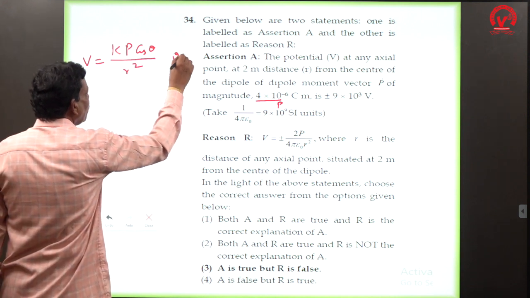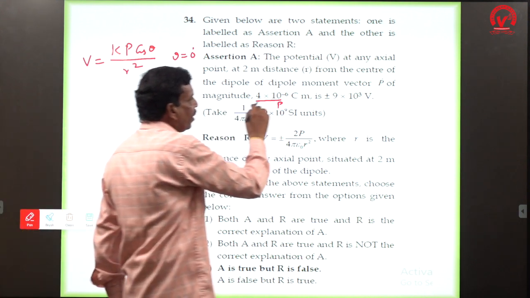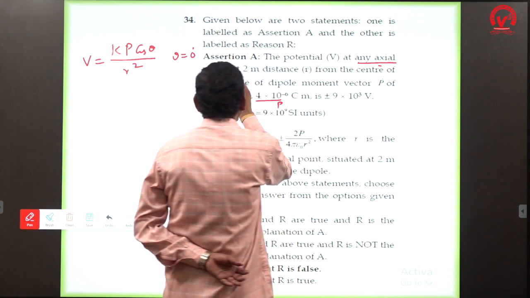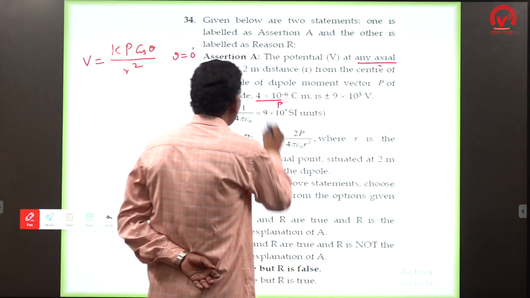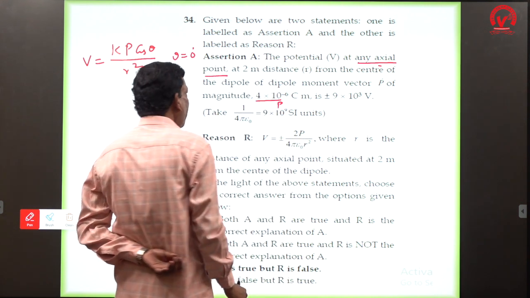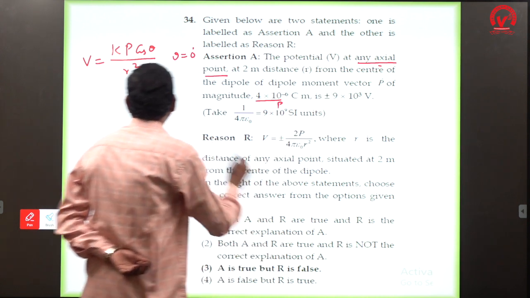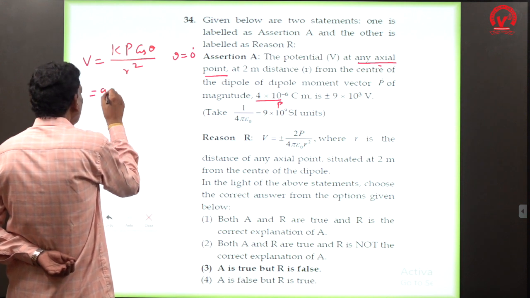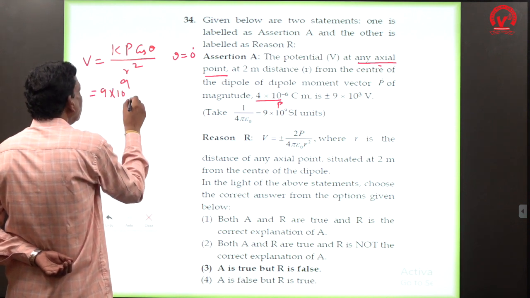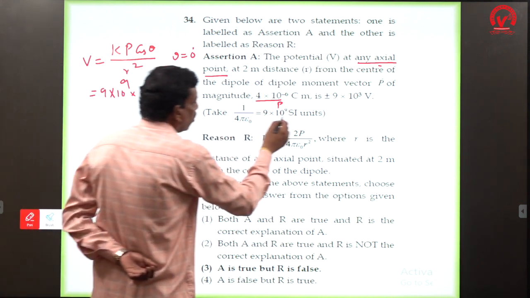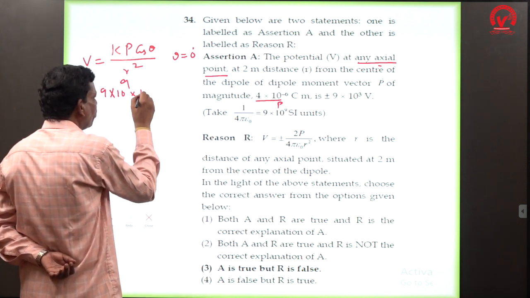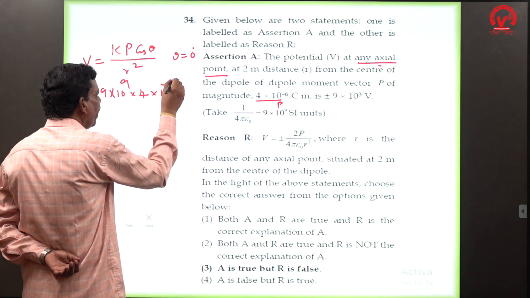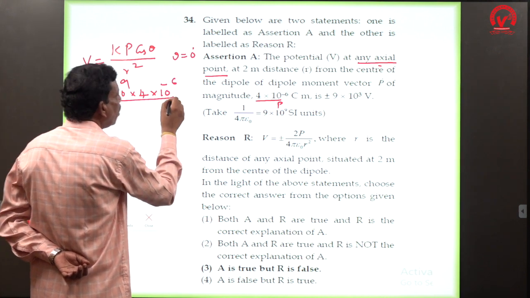Here theta is equal to 0 degrees. Why? Here they given axial line, axial point, 2 meter distance. So axial point means theta 0 degrees. Then K we already know, 9 into 10 power 9, into P value given, 4 into 10 power minus 6, by R square.